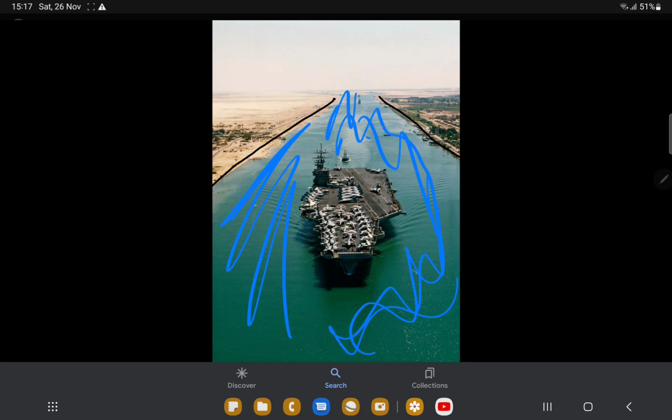Here all water is there. Again we have land here. Here we have land. That side we have land like this. And again in between, the water came like this.